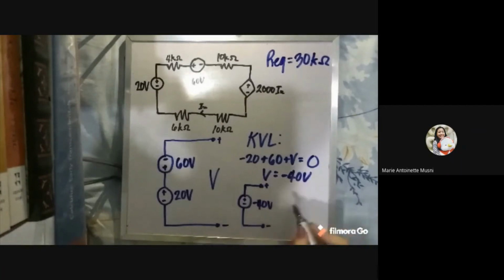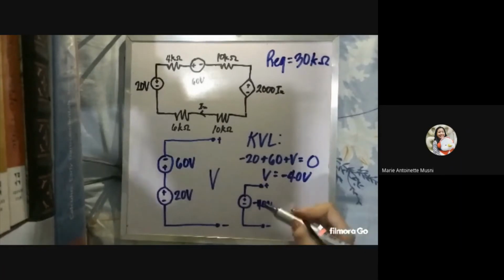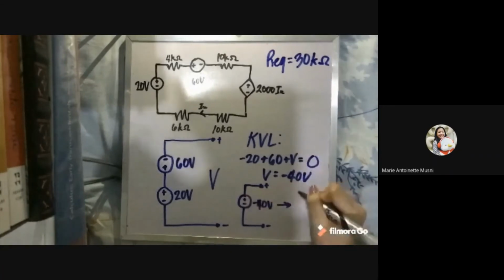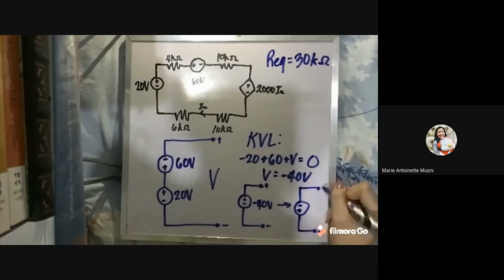Here, we know by passive sign convention that negative 40 volts is equal to 40 volts if we reverse the polarity. So if we reverse the polarity in the battery and the source, positive and negative there, that is just equal to positive 40 volts.